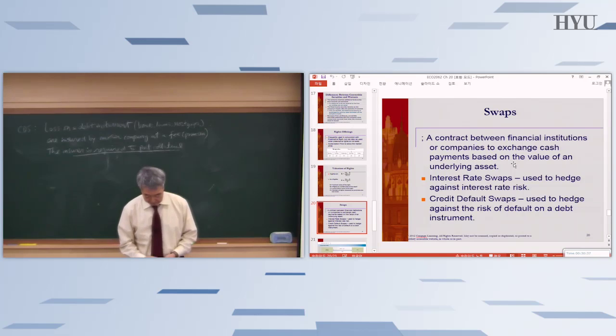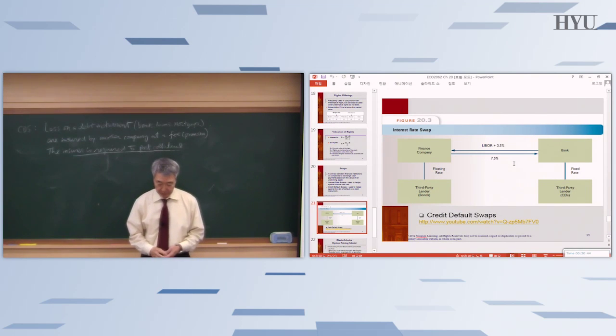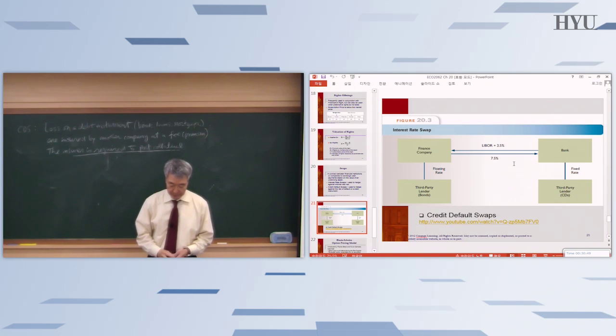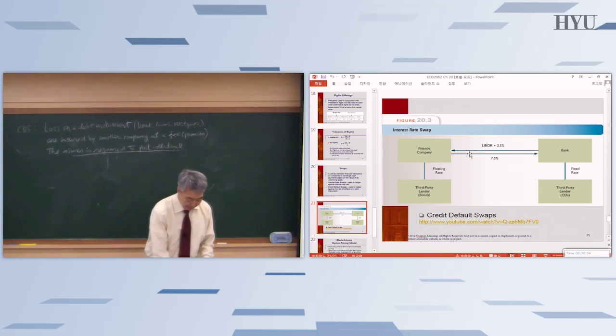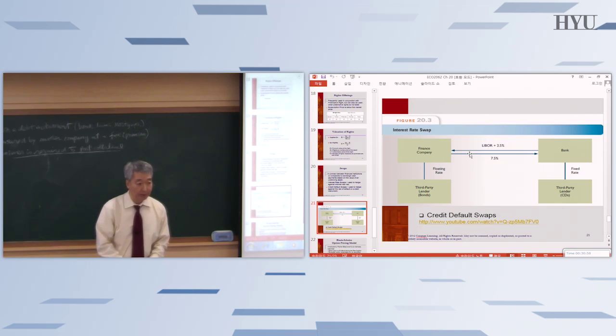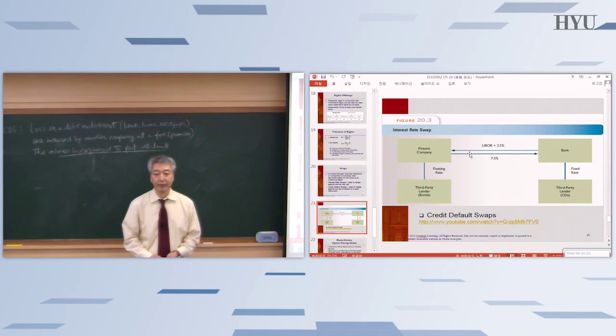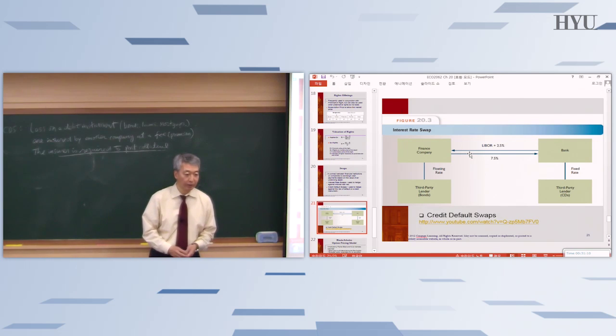Interest rate swap is used to hedge against interest rate risk. And the textbook gives a very simple, very good example. Here's a finance company, say, Hyundai Capital. I'm sure Hyundai Capital started as a finance company for Hyundai automobiles.